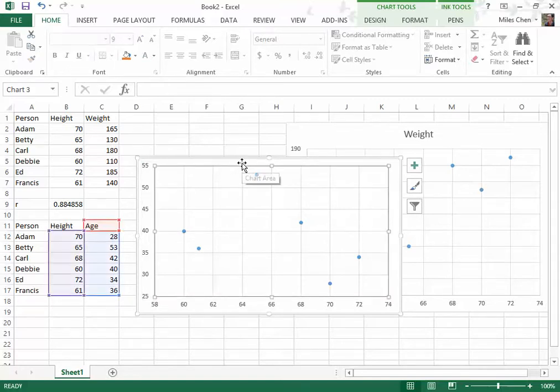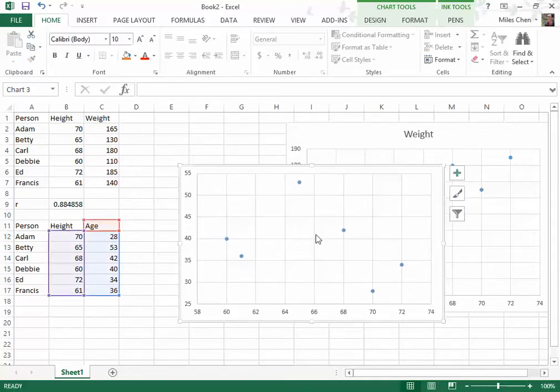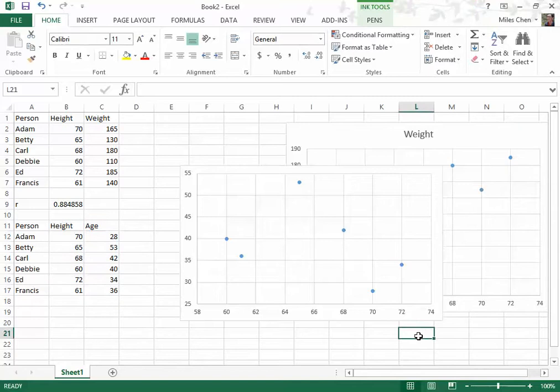Does it seem like there is a relationship between someone's height and their age? Can we say anything in general, like people with high height have high age or low age? People with low height have high age or low age? No, it doesn't seem like there's any kind of relationship like that, right?